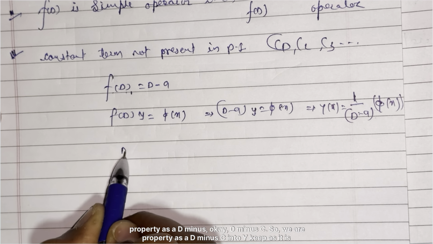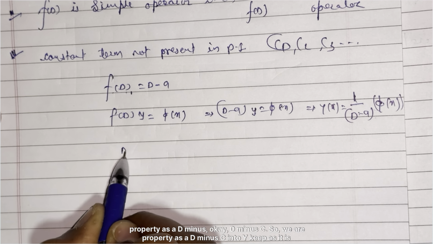So replace this value here: d by dx of y minus a times y equals phi of x. So I replaced capital D with d by dx, so dy by dx minus ay equals phi of x. This one is our linear differential equation.